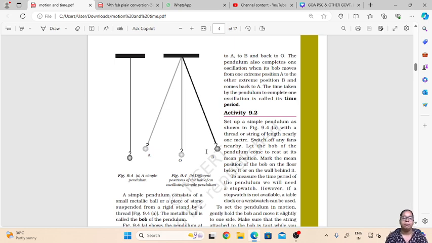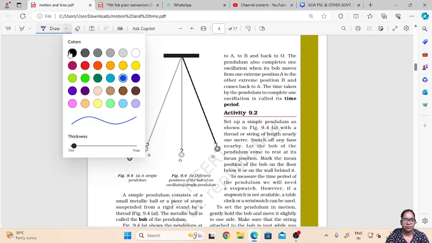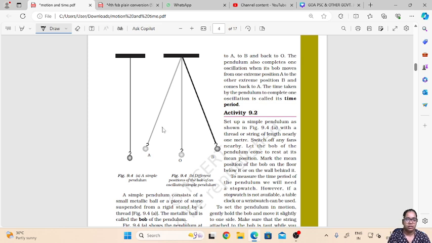Okay, so a simple pendulum. Here we can see a simple pendulum. A simple pendulum consists of a small metallic ball, which is called the bob of the pendulum. This is the stand, and this is the string to which the metallic ball is suspended.